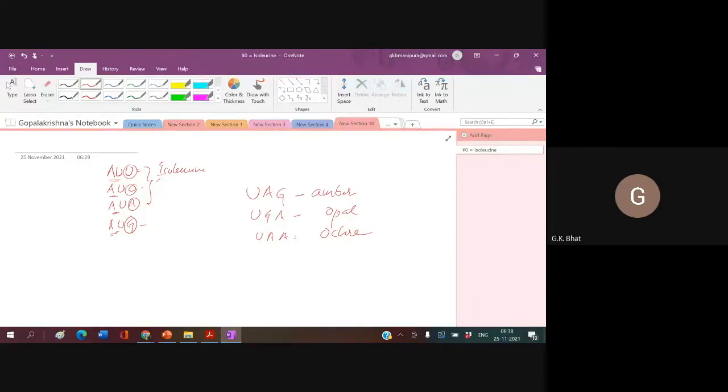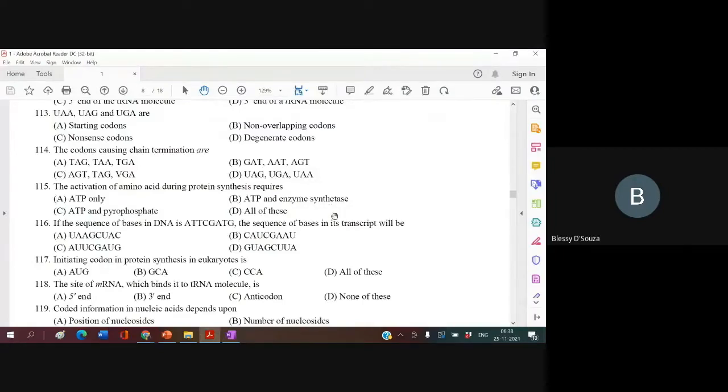115. A. 115 is A. Is it? The activation of amino acid during protein synthesis requires ATP and enzyme synthetase to attach that amino acid to the tail part. 116.